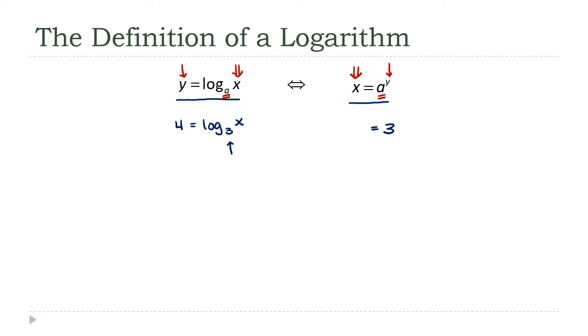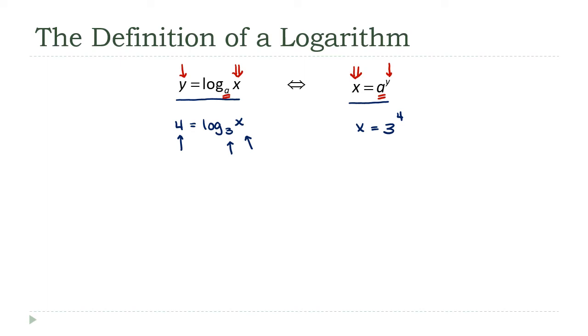So that's what I'm going to do for the next two parts. I'm going to take the 4 that's on the left side and make it the exponent on the right. And I'm going to take the x that's on the right side and move it over to the left. And that's it. There's the equivalent exponential version.